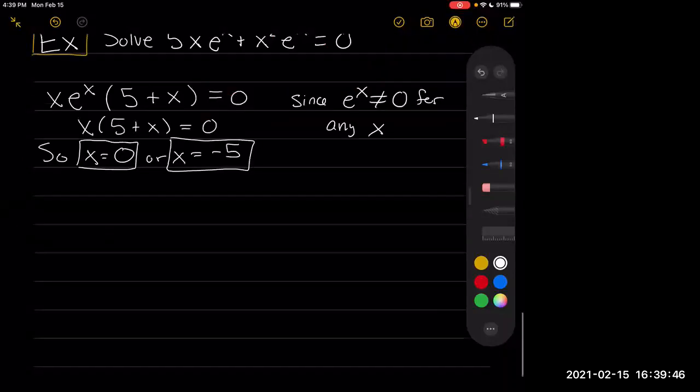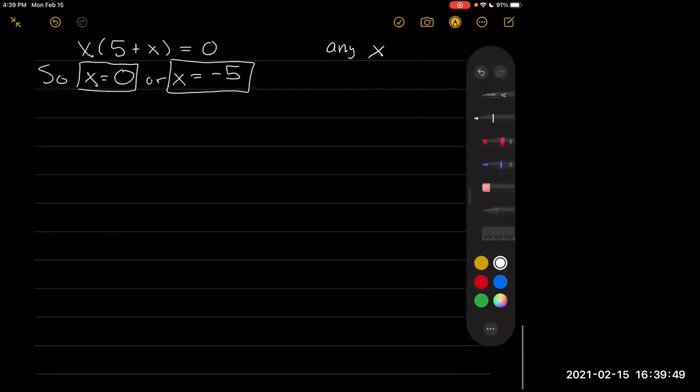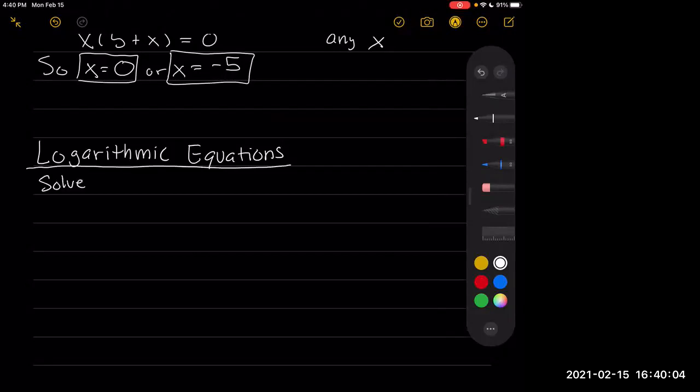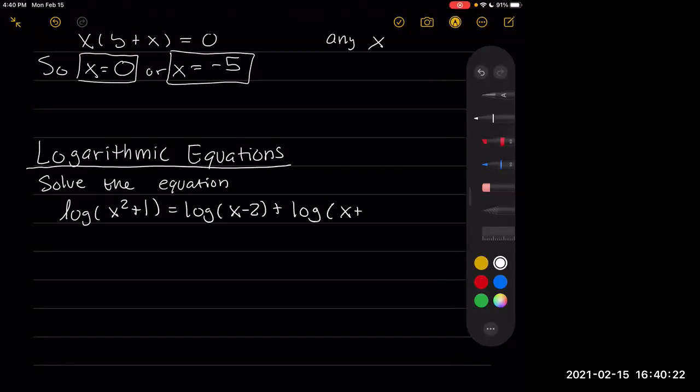All right, and now we're going to move on to logarithmic functions. We're going to solve the equation log of (x squared plus 1) equals log of (x minus 2) plus log of (x plus 3).